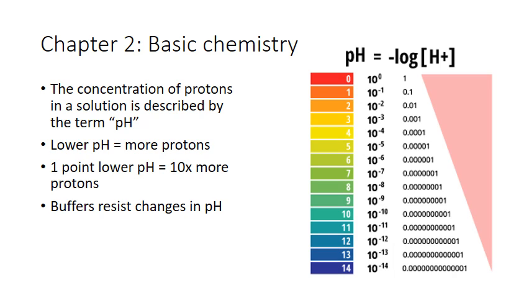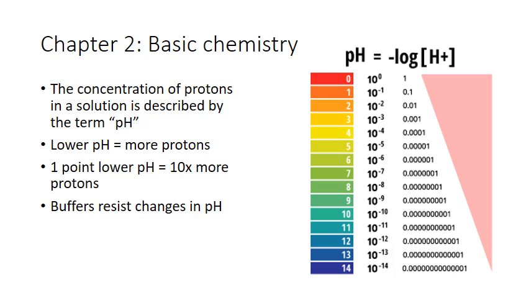Okay. So the last part about chapter 2, we were talking about the concentration of protons in a solution. The concentration of protons in a solution is measured by this idea of pH. pH is a logarithmic scale, and what that means is a pH of 6 has 10 times higher concentration of protons than a pH of 7. So even though it's only one pH point, it's a 10 times change in the amount of protons.